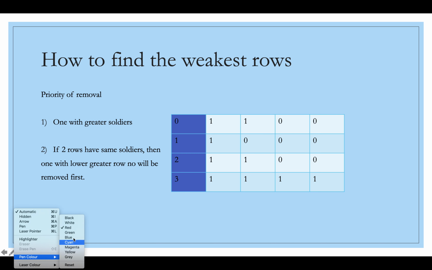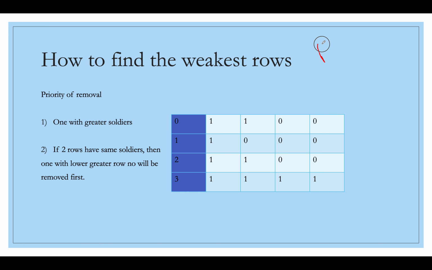The question is a simple question of priority queues, because there is always a decision you can make whether to keep an element or delete it. The priority of removal goes to the row with the greater number of soldiers, that means the greater number of ones, and it will be removed.